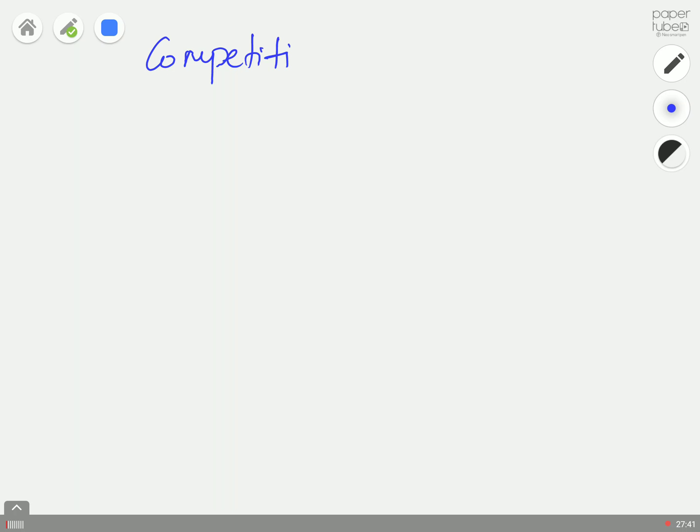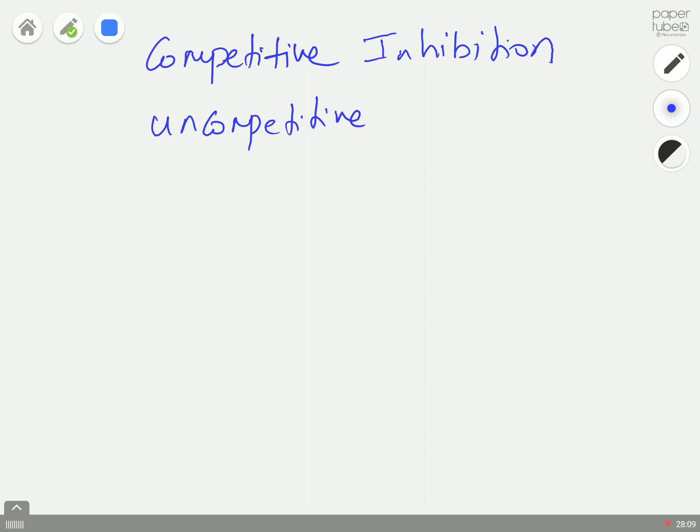So depending on the way, or if you want you can call it the pattern, how the inhibitors decrease the rate of reaction, they classify the enzyme inhibition process into at least 3 different types. One is competitive inhibition, another one is uncompetitive inhibition, and another one is non-competitive inhibition.